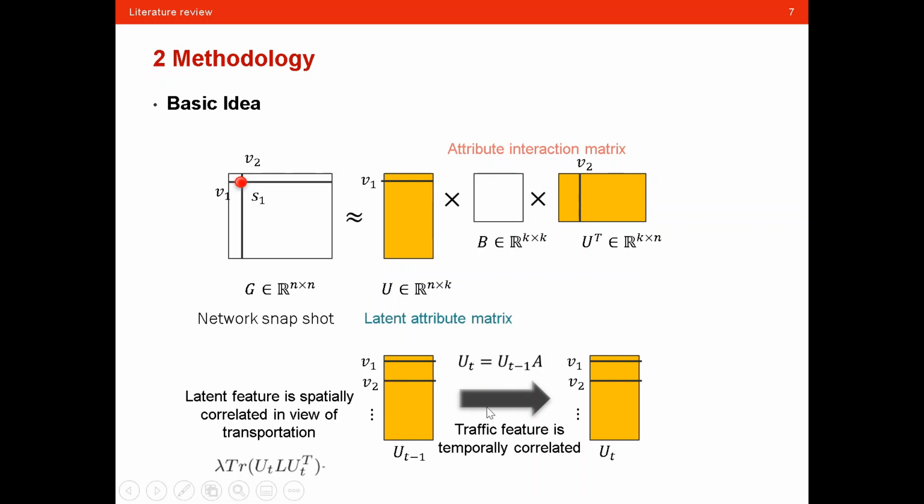And then we also consider that the traffic feature is temporally correlated, which means that the traffic state of the current time step is related to the traffic state of the next time step. So the paper introduced a transition matrix to model this transition.